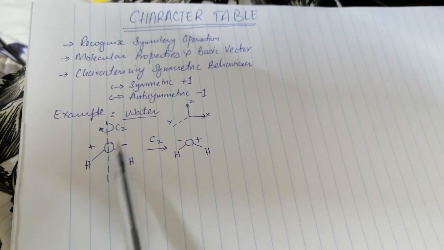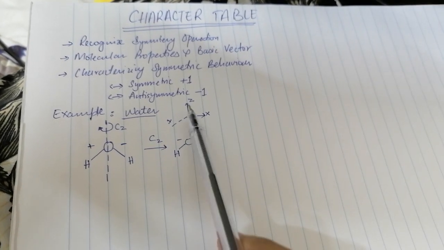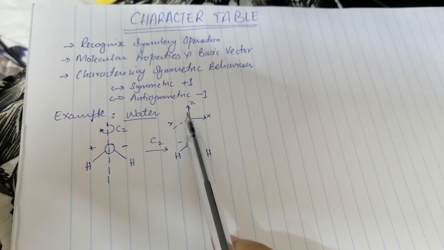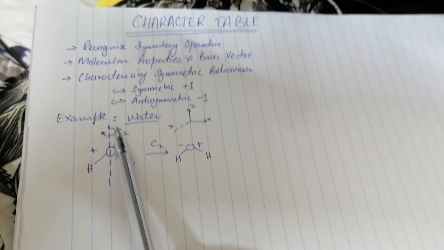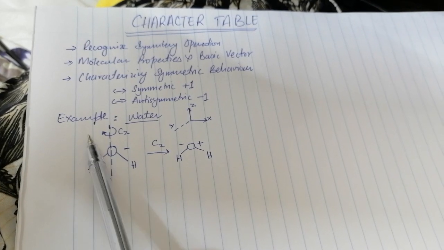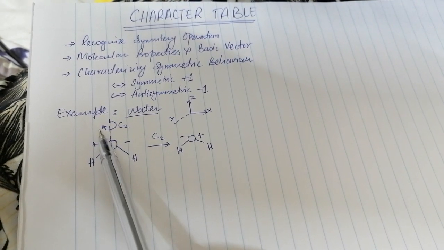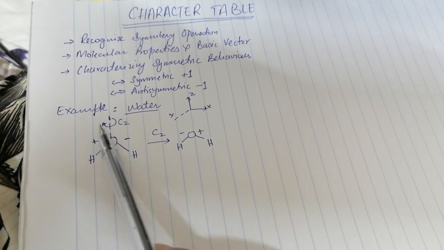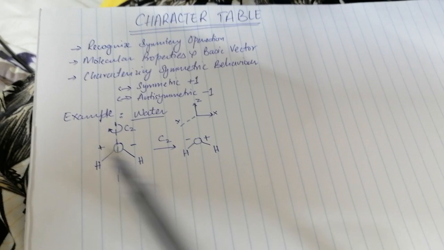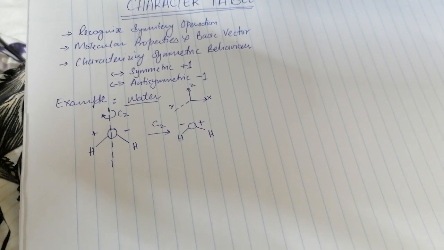If you perform a symmetry operation such as C2, which is rotation about the z-axis, this is your z-axis along the Cartesian plane, we would rotate the molecule while ignoring the position of H and O for the present atom.